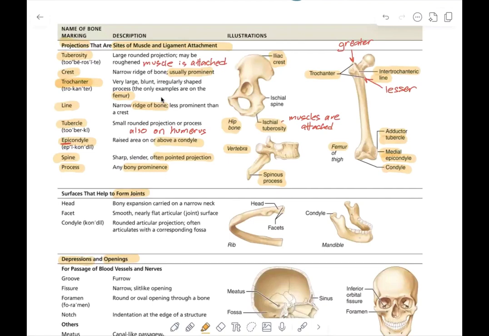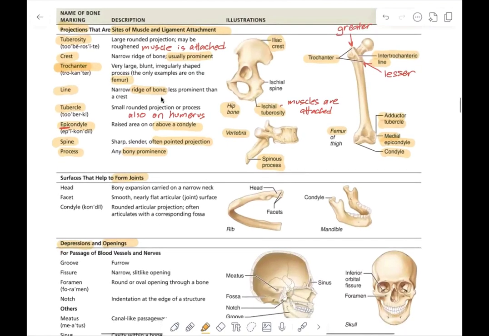The next group is what forms joints. So there is a head of the rib, which is shown here. There's a facet of the rib. There's also facets for the vertebrae, which you'll see especially when you get to the joint chapter. Then there are condyles, which were mentioned up here as well.